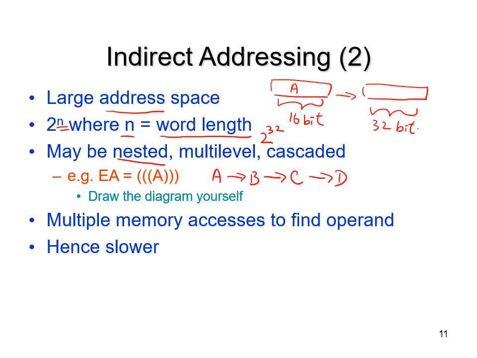By using this approach, you can access an unlimited memory address. However, the speed will become slower, because you have multiple memory accesses. That means it becomes a trade-off when you apply multiple indirect addressing.